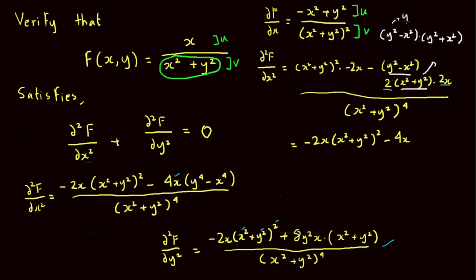So of course you'll end up having y to the power of 4 minus x to the power of 4, over the same denominator, (x squared plus y squared) to the power of 4. So interesting. It means that our del squared f del x squared is correct.